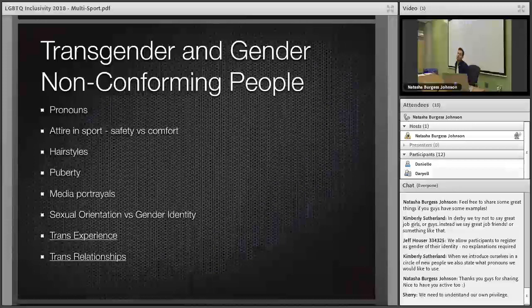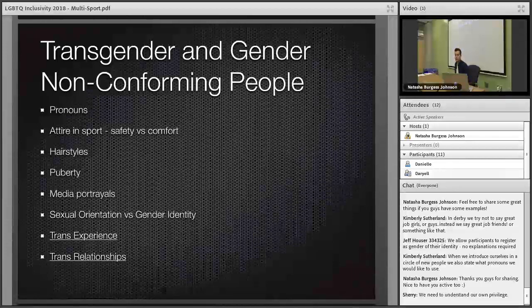Hairstyles, that's kind of a holdover from my sport-specific one. But for gender non-conforming people or transgender people, how they get to style and wear their hair tends to be pretty important to them, because we still think long hair is feminine, short hair is masculine. It's the way we as a society for the most part view it.